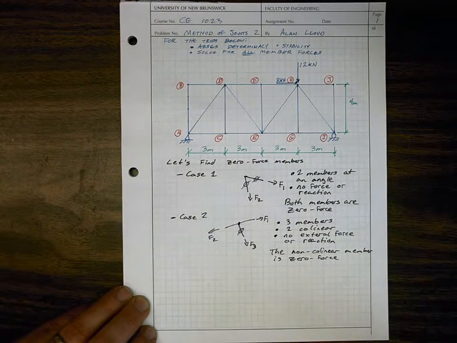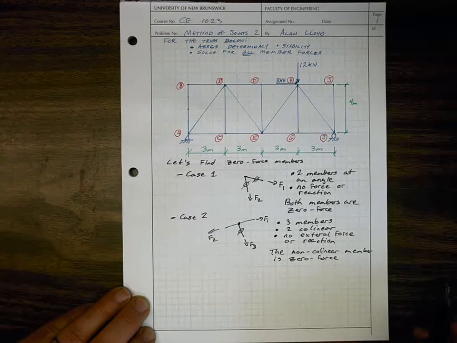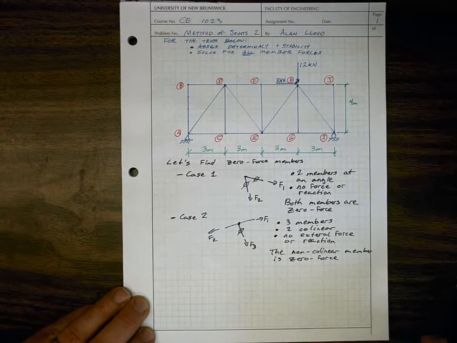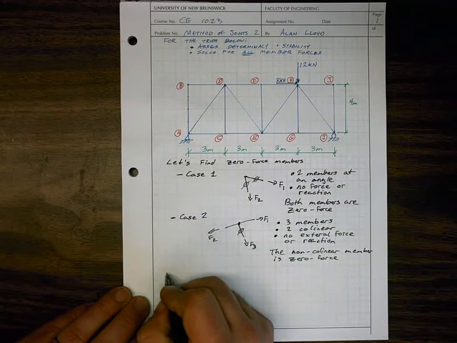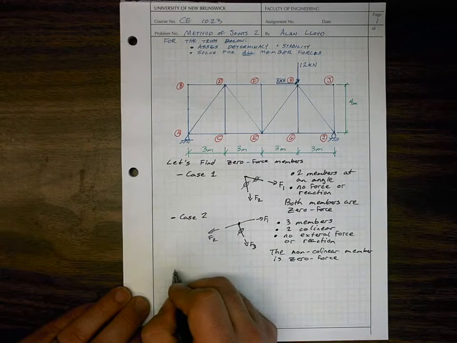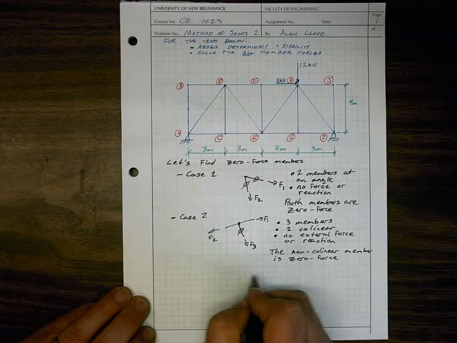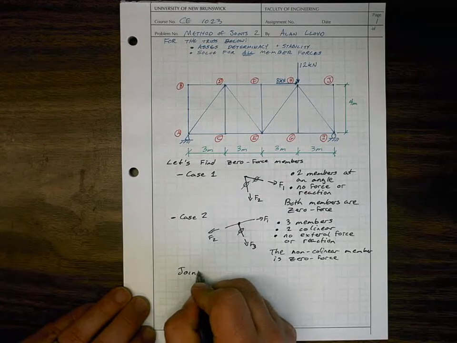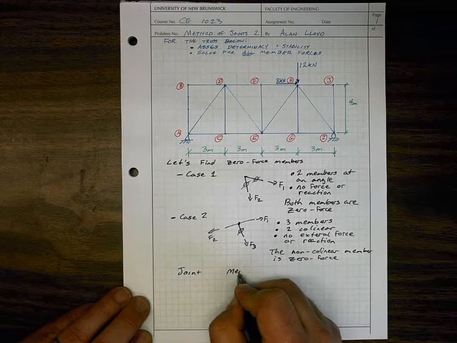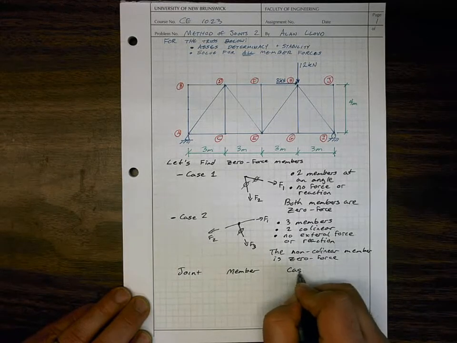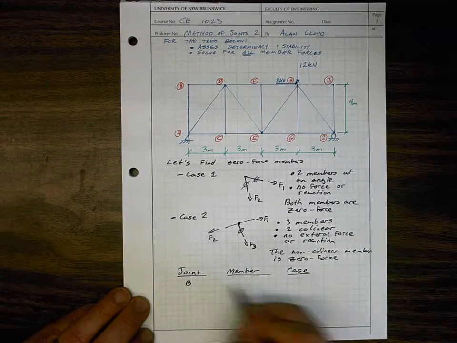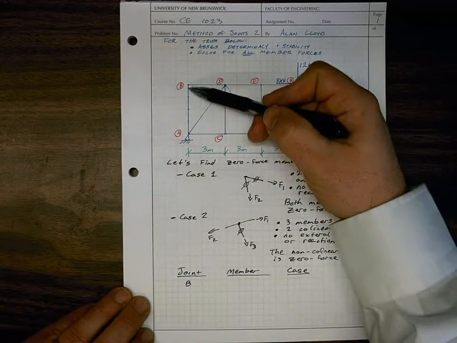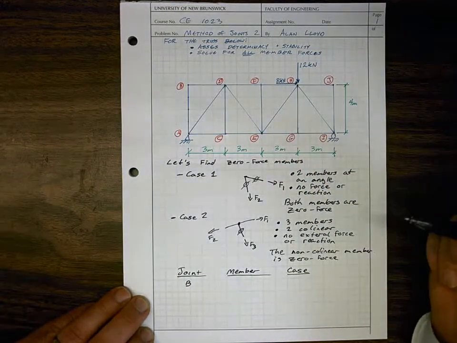So that means we can apply those two rules, those two general cases, to our truss above and see if we can identify some members that we don't need to consider in our analysis. And this will make our analysis a lot simpler. So if we build ourselves a little table with joint, then member, and then case as provided above, first let's start at joint B. At this joint we can see we have two non-collinear members framing in with no external force.